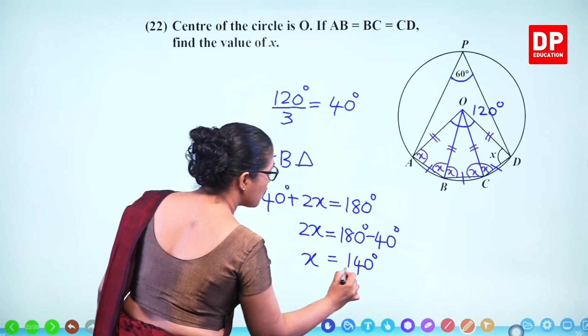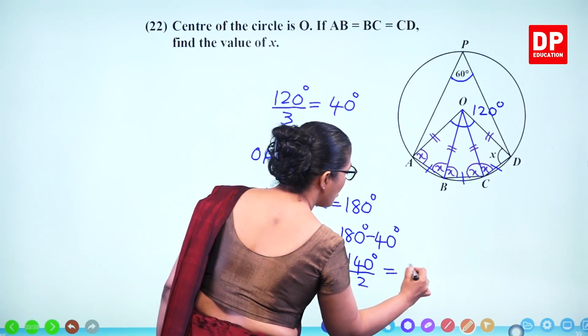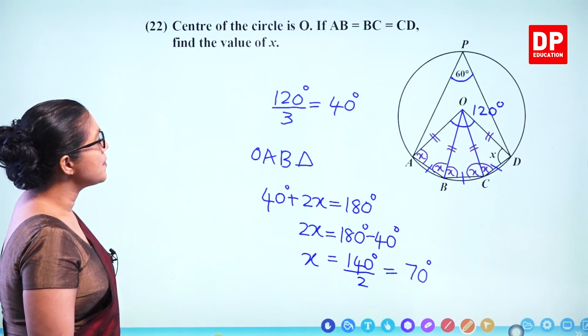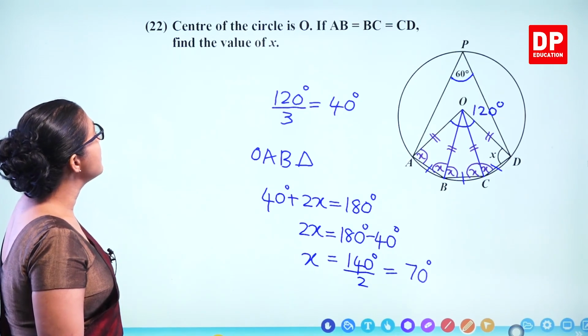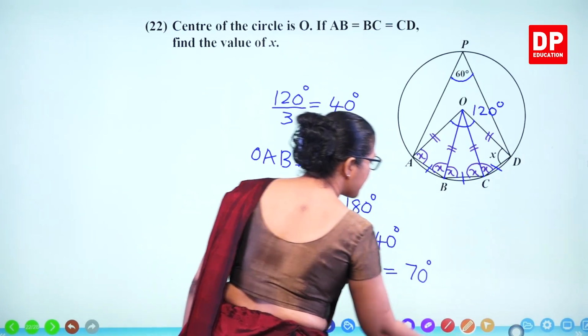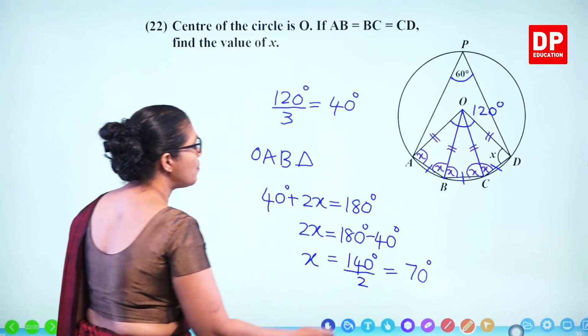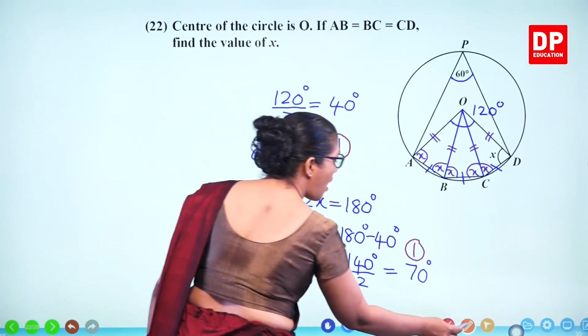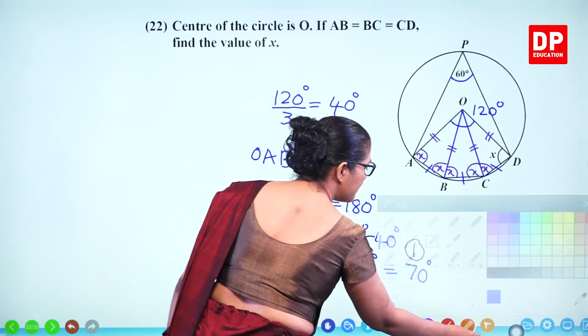Then x becomes, you divide by 2, 70 degrees. So x becomes 70. So that's the answer. So you get 2 marks, 1 mark for the answer and 1 mark for the method.